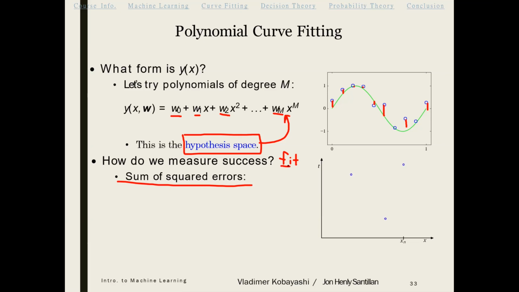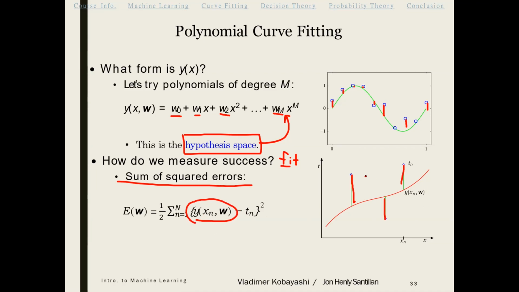Okay. So if we have here a model that we estimate, we subtract it from all the points, square it, and then divide by 2, then we have the sum of squares.